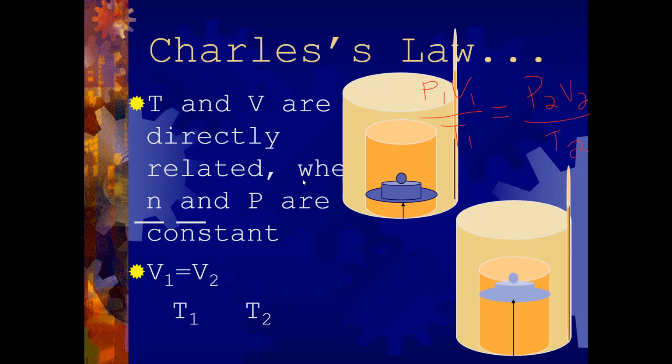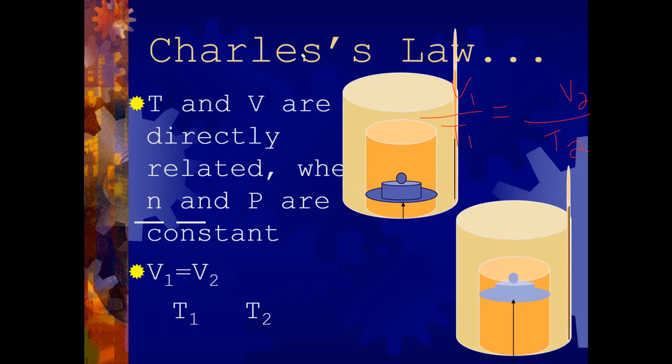It's the pressure that's held constant. So if you just erase the pressure, you have Charles' law. You see that? And that's supposed to be over T2, but for some reason it keeps moving on me. But that's how it is.